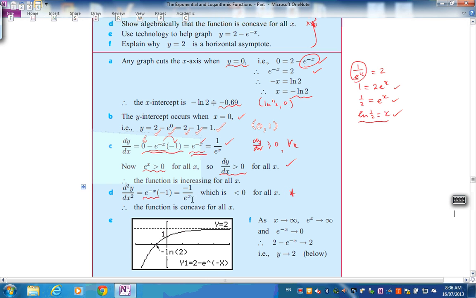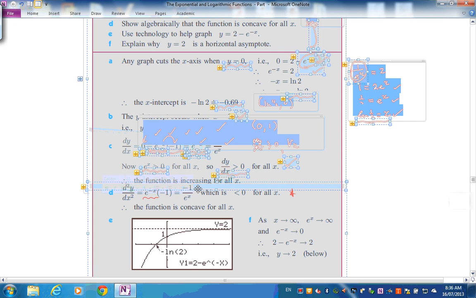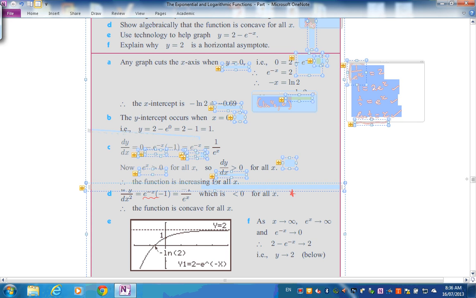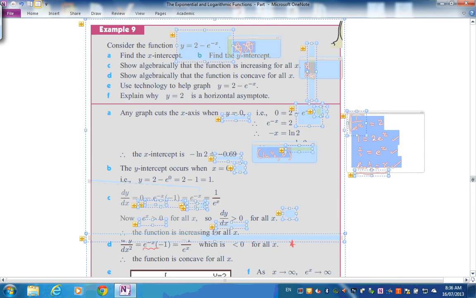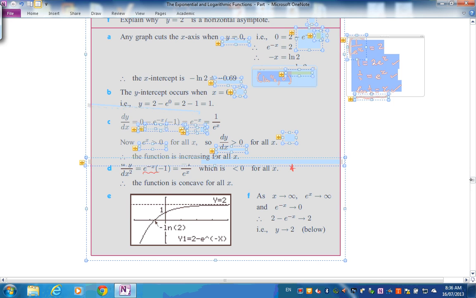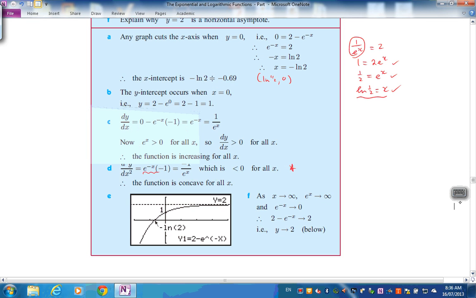So we've got our second derivative. With our second derivative here, we've got neg 1 on e to the x, and therefore it's going to be negative. So we're just coming in here and having a look there at negative, and therefore it's always concave.